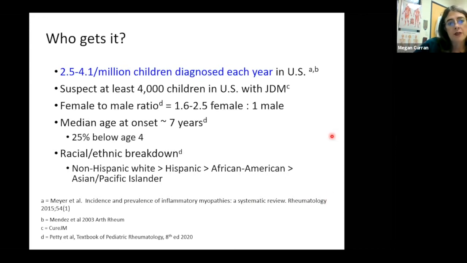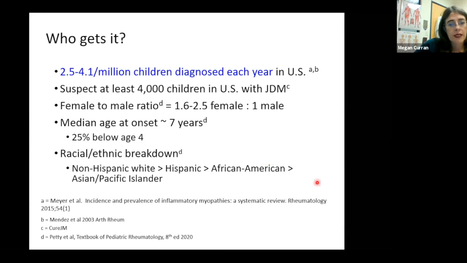And CureJM suspects that at least 4,000 kids in the US have JDM. It's more common in female children compared to males, about 1.5 to 2.5 times more common in girls. And the median or average age at onset is about 7 years of age, but 25% of kids are diagnosed below the age of 4.